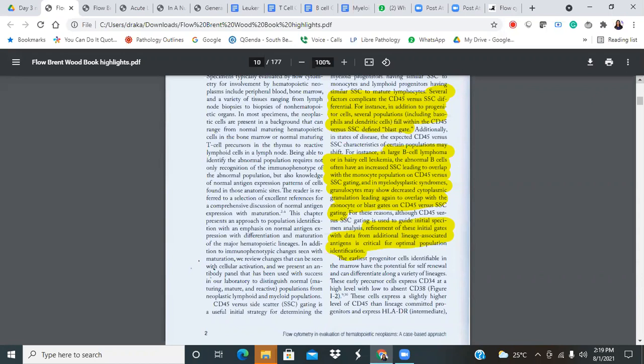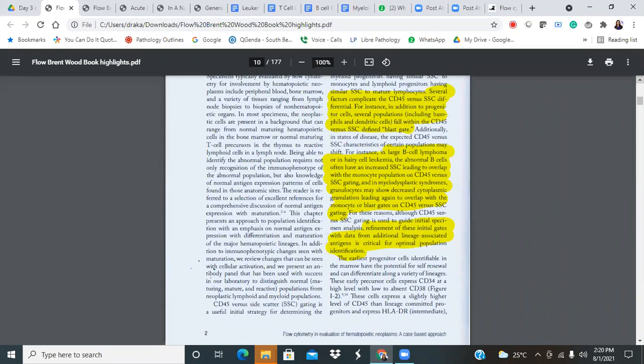The side scatter is not just about granularity, it is also about the complexity. Plus, when you have large B-cell lymphomas, the nuclear chromatin would be a little bit opened up. You might see some nucleoli and so on.